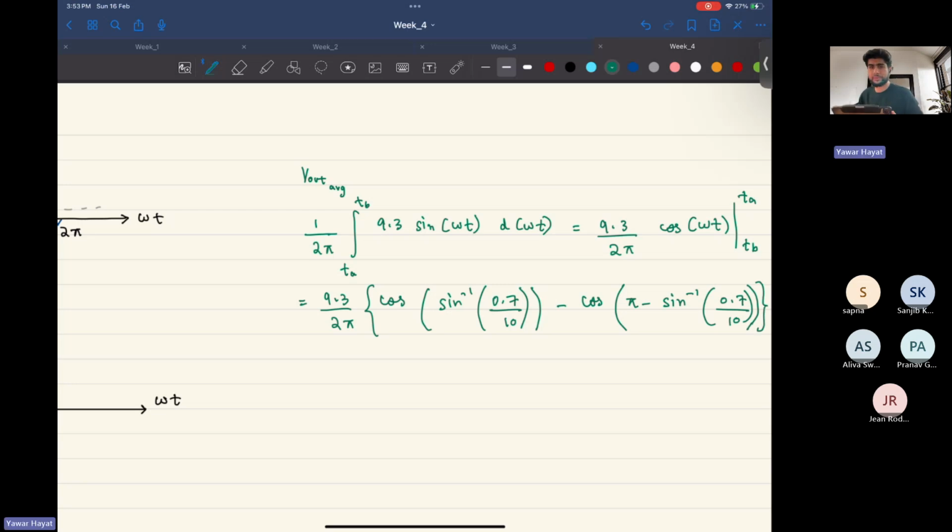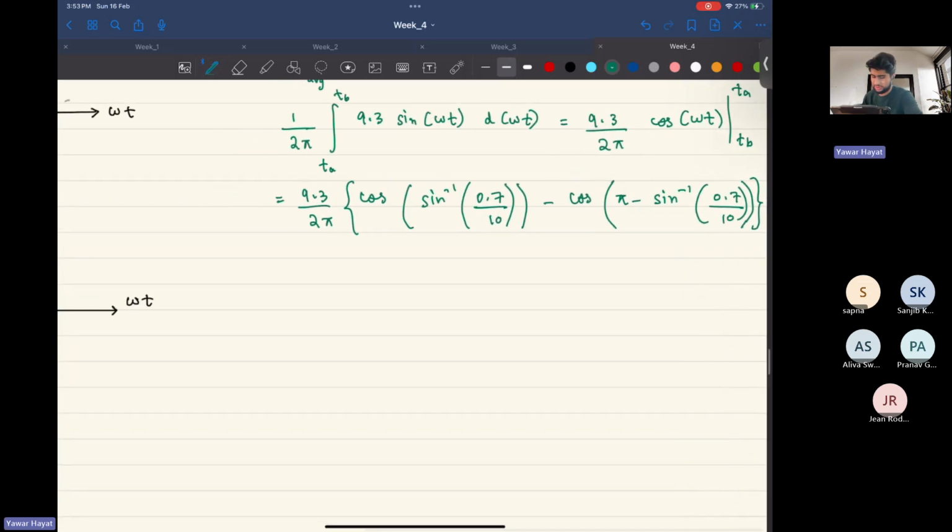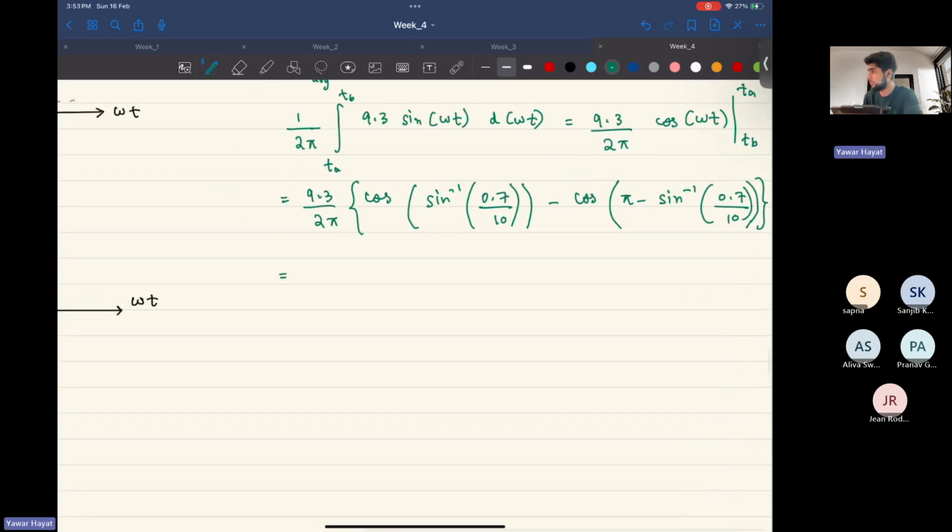Fine. And now it's a matter of plugging in the values. This comes about as follows: 9.3 by 2 pi, cos of sine inverse of 0.7 by 10. Right. This is the value you'll get.